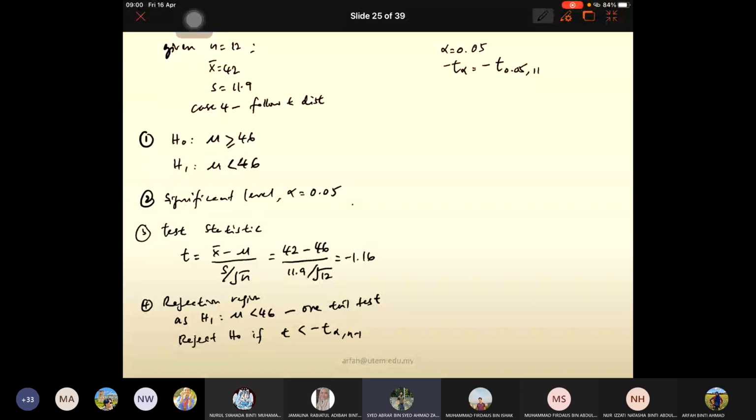Sama dengan berapa? 3.106. Salah. 1.796. Oh, 0.05, silap. 1.796. Jawapan dekat table 1.796, tapi kita letak negatif sign. Sebabnya dia adalah dekat belah kiri. So negatif 1.796. Here is your rejection region.